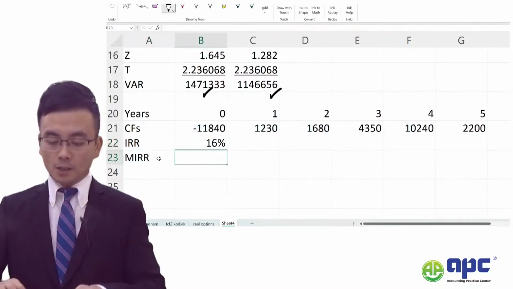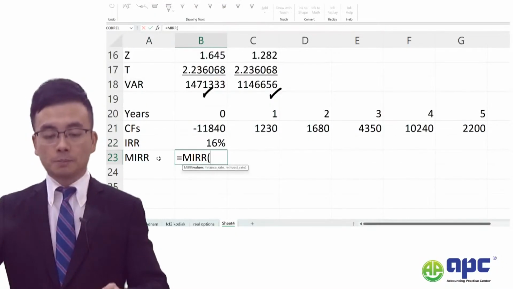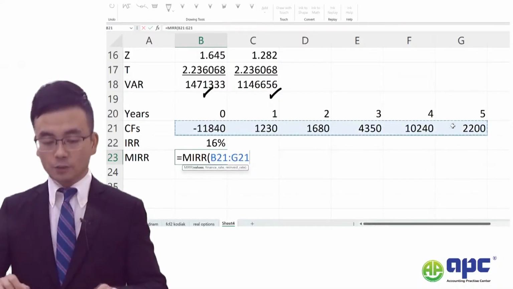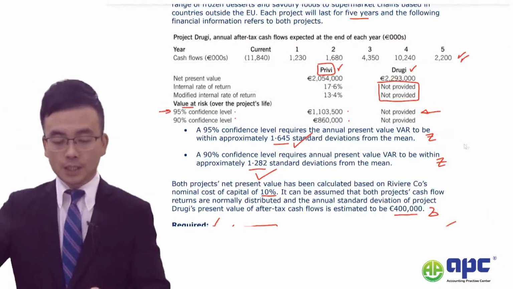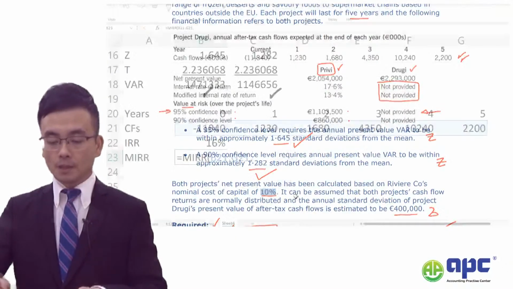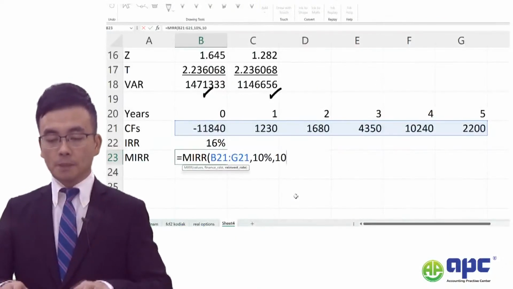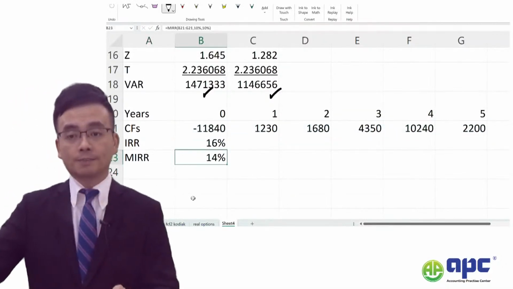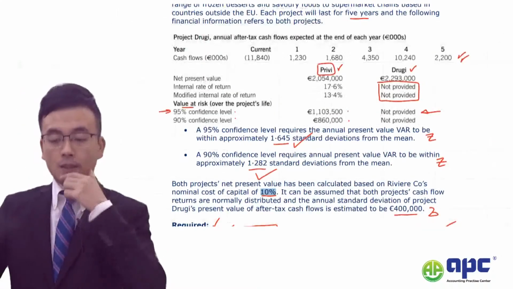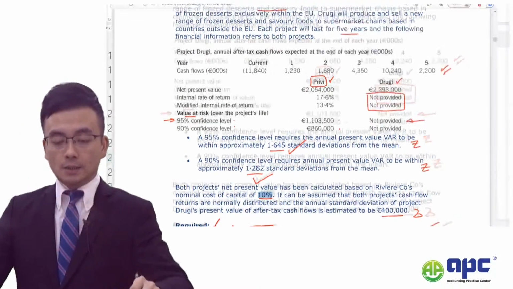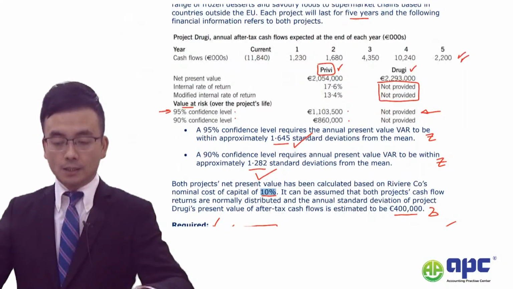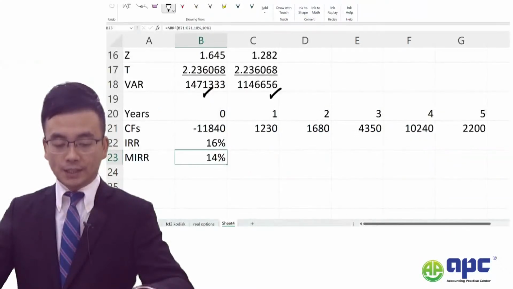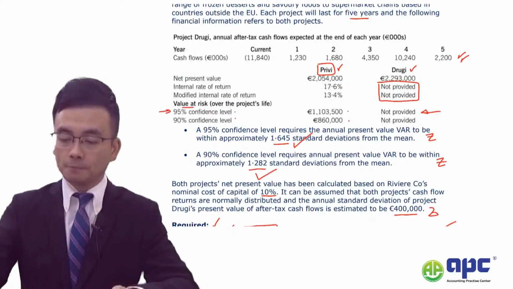For the MIRR, we type MIRR, open a bracket, select all these cash flows, and the cost of capital is 10% here, so 10%, comma, 10%. That will be 14%. Now I've just calculated the project for D. The IRR was 16% and the MIRR 14% respectively.